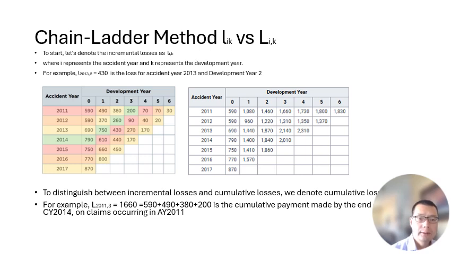So for example, the bigger L_{2011,3} means accident year 2011, and the amount in this cell is 1660, which is the accumulative loss from development year 0 to year 3. So it's 590 plus 490 plus 380 plus 200 altogether. So this is the difference between incremental losses and cumulative loss payments.